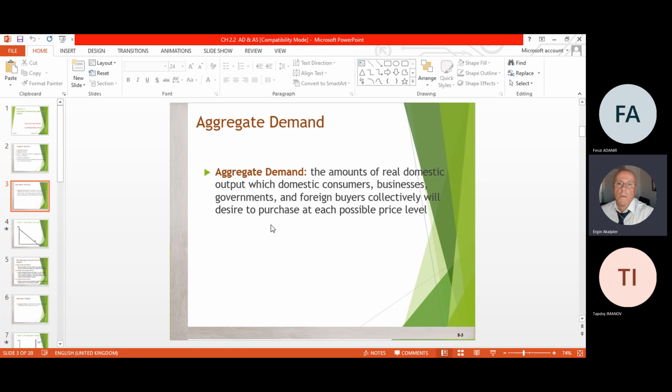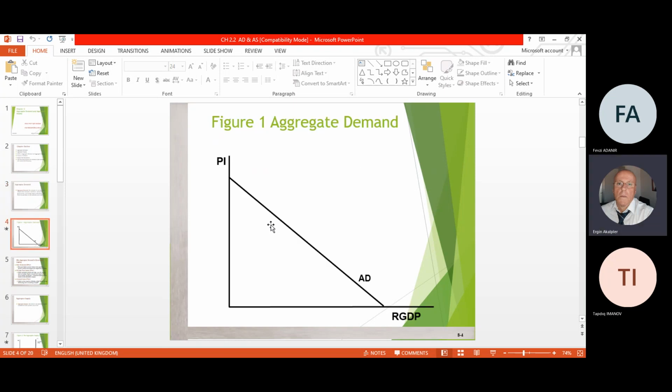And from this point of view, if the aggregate demand is reduced because of inflation, or some recession in the aggregate demand is observed, this will create a problem for the whole economy. As you see here on the graphic, the aggregate demand curve has real GDP on the x-axis and inflation on the y-axis.